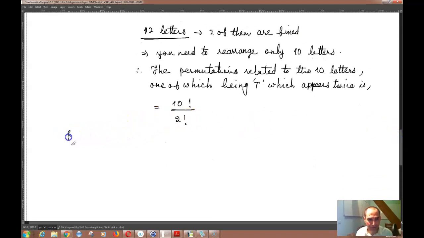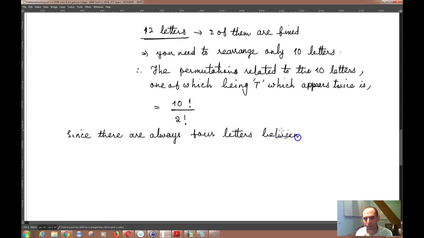Now since there are always 4 letters between P and S, we have basically 2 times 7, which is 14 different ways of doing that.